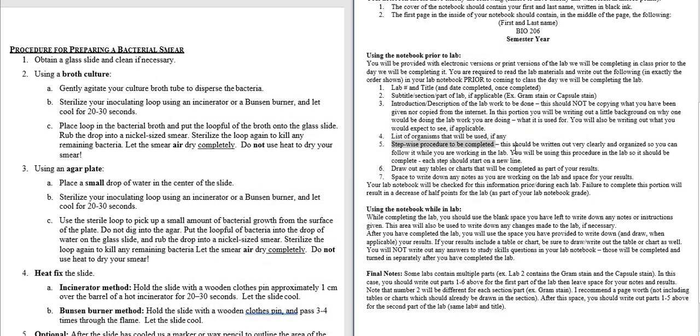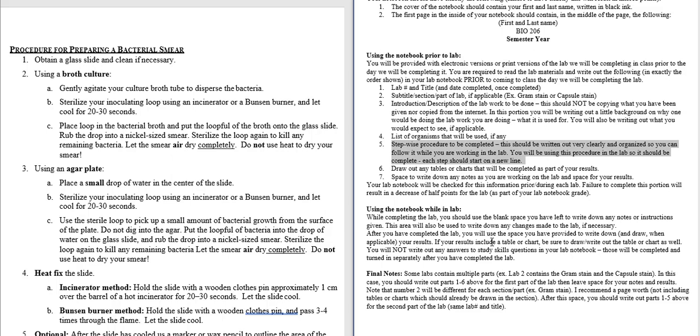Then the next one is the stepwise procedure to be completed, and this should be written out very clearly and organized so that you can follow it while you're working in the lab. You will be using this procedure in the lab, so it should be complete. Each step needs to start on a new line, and this is the only part of the lab notebook that you can copy from what you've been provided.